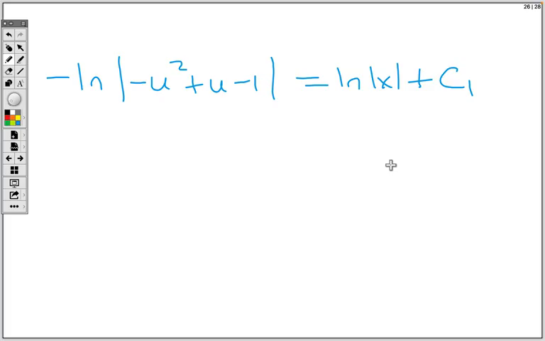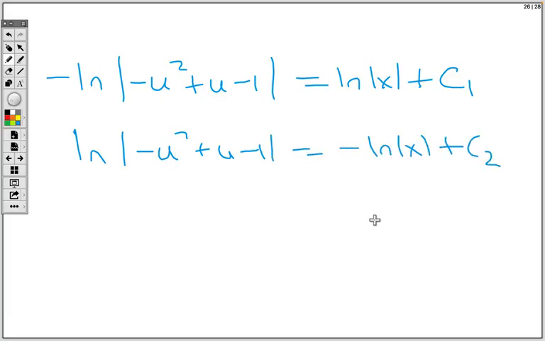All right, so we get to there. We can move the negative over if we choose to. And now we can put the y's back in.